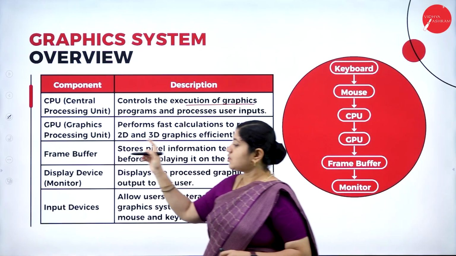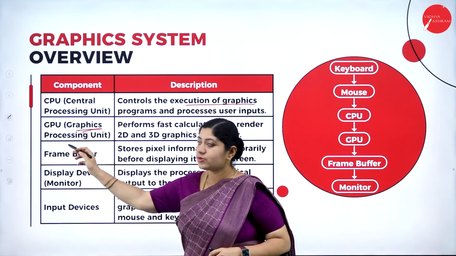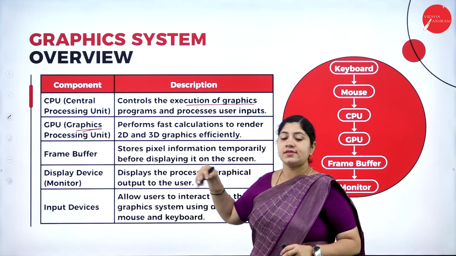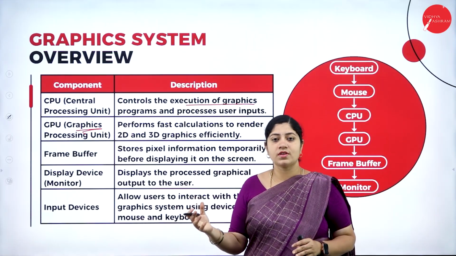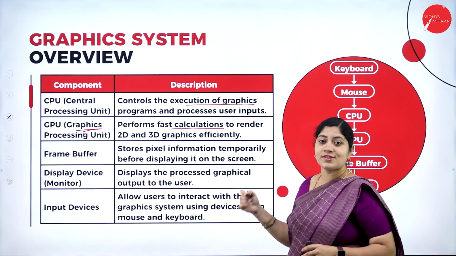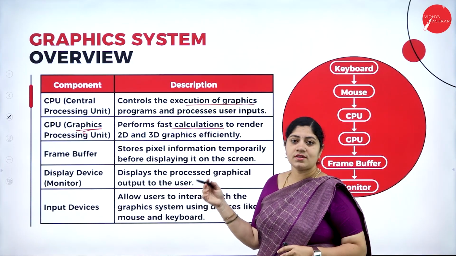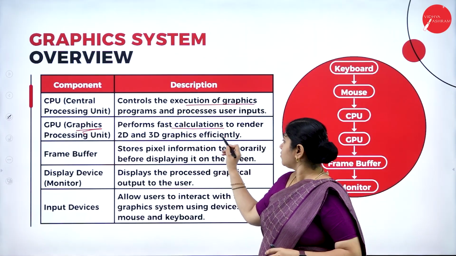All right. So the next component is GPU, which is nothing but graphics processing unit. Yes, this is a special unit that has to be installed if you want to work with computer graphics. Okay. And it is used for performing fast calculation to render the 2D and 3D images efficiently.